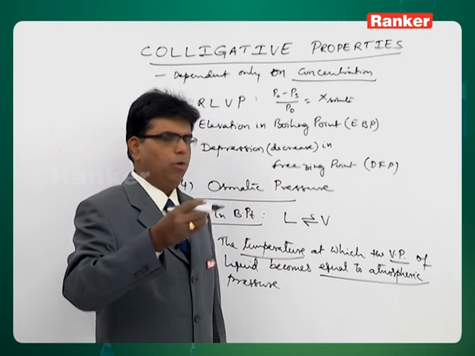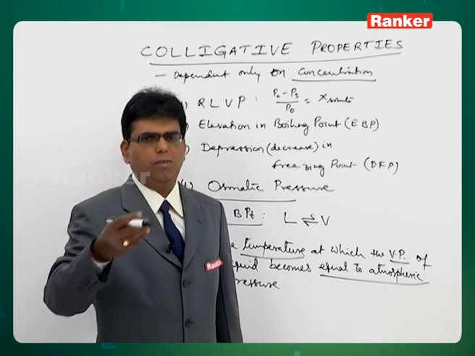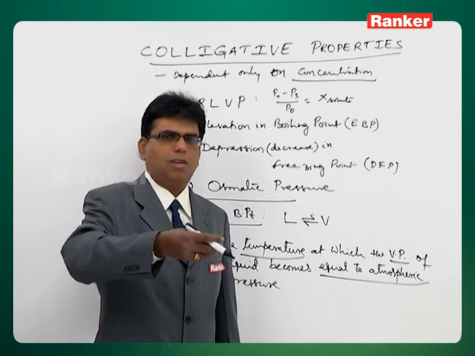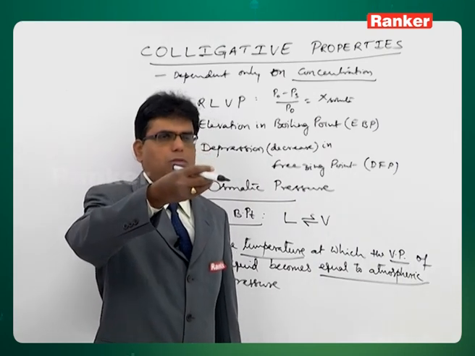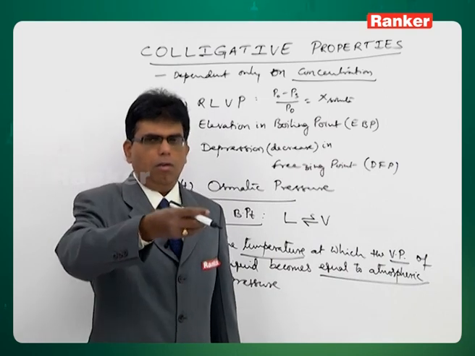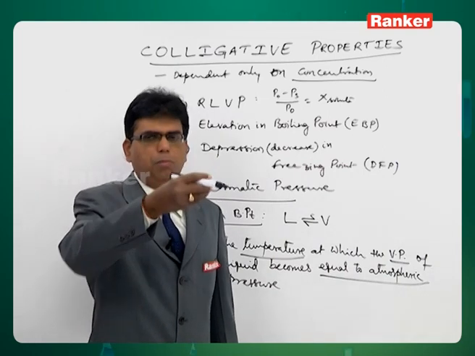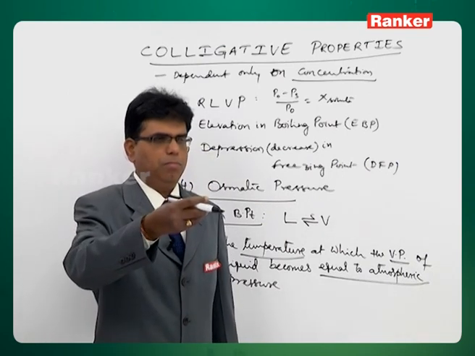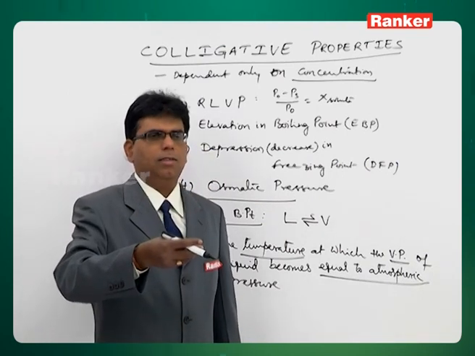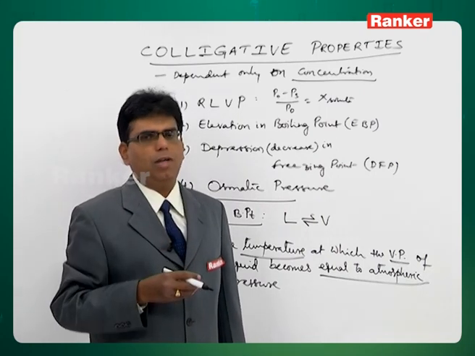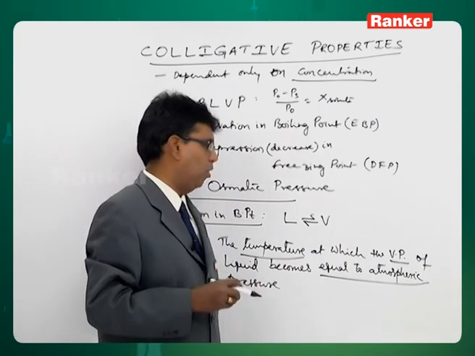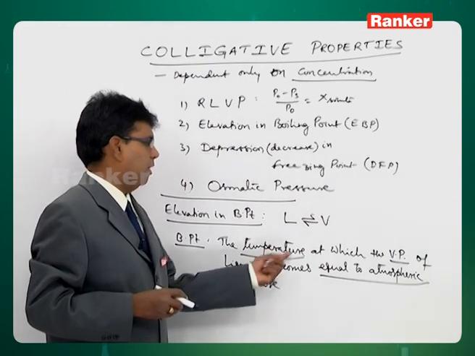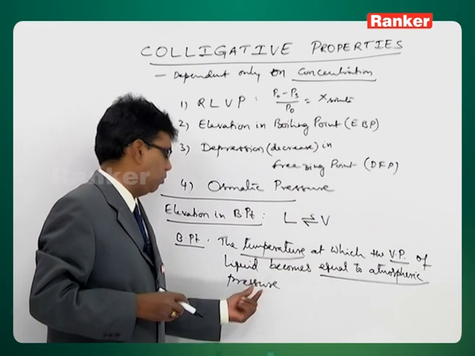So if you take two liquids, one more volatile and one less volatile, the more volatile liquid, whose vapor pressure is higher, will reach atmospheric pressure at a relatively lower temperature. That is the reason a more volatile liquid will have a lower boiling point. This we can show graphically also.